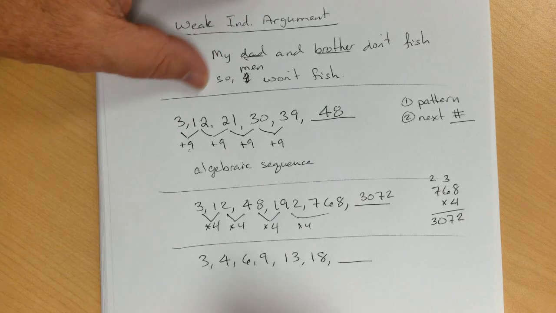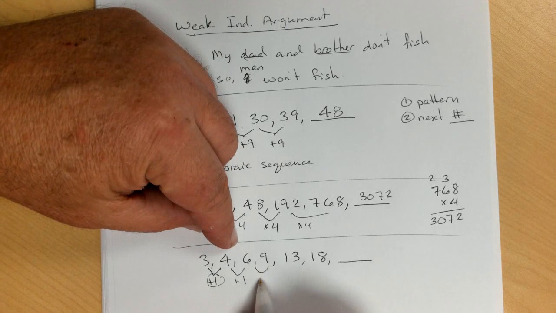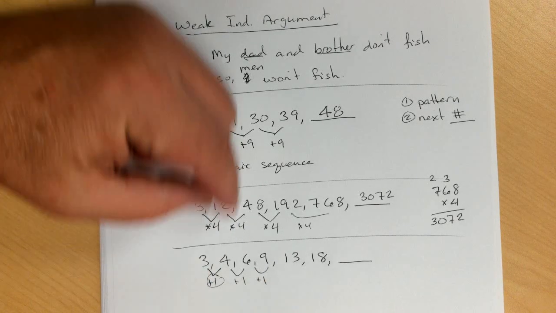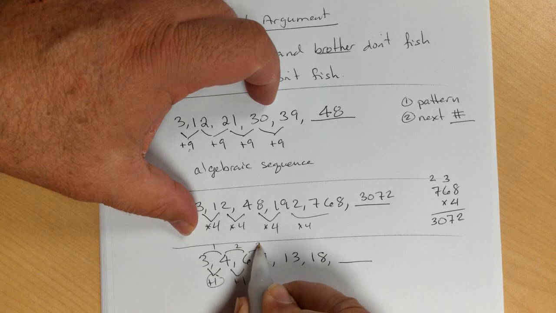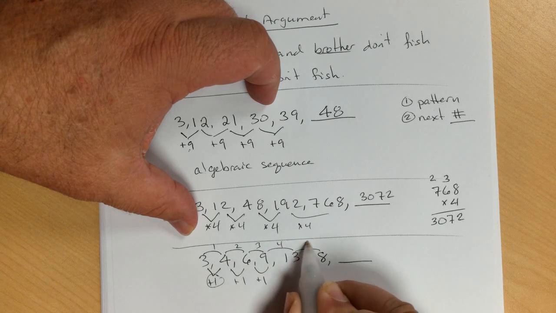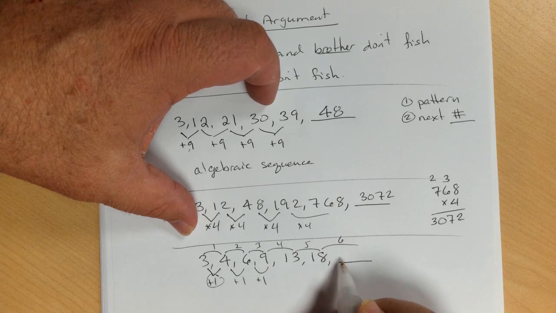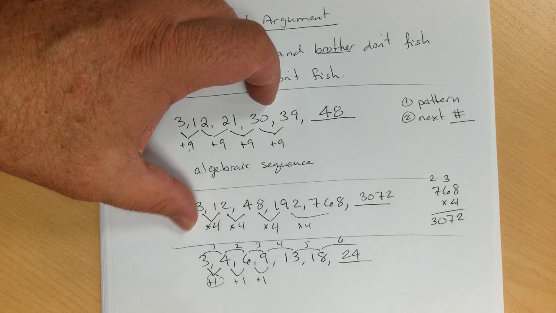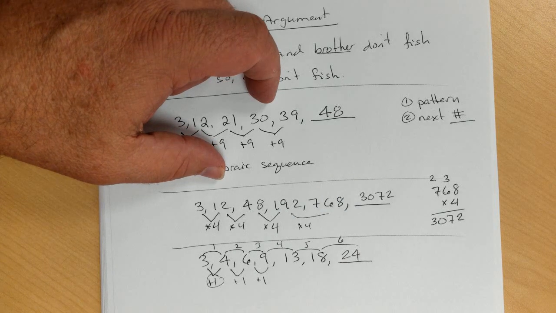Very good, that's exactly what it is. From here to here, you add 1. Then from here to here, you add another one, so it's 2. Here, you add another one, so it's 3. So this one is 1, this one is 2, this one is 3, this one is 4, this one is 5. This one's going to be 6, so the answer is 24. Yeah, very good.